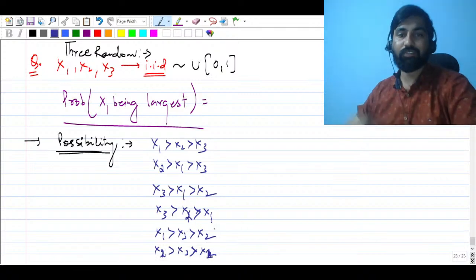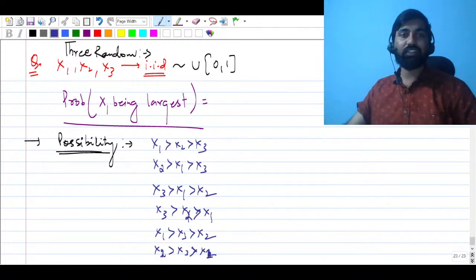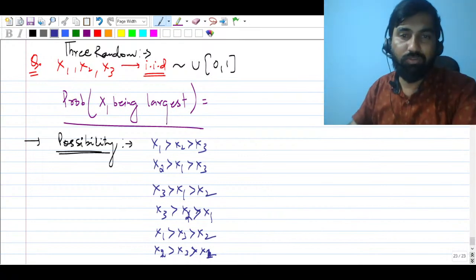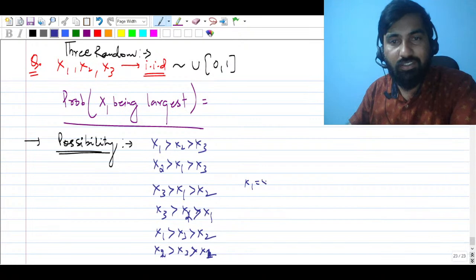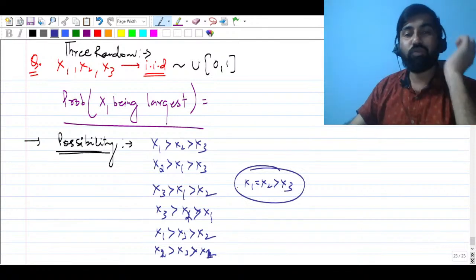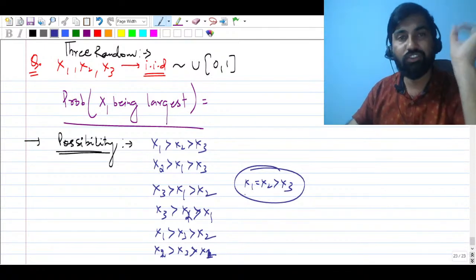I hope this makes sense. So these are the few possibilities. You will also find some possibilities like x1 is equal to x2 is greater than x3. See, the probability for that will always be zero, remember.